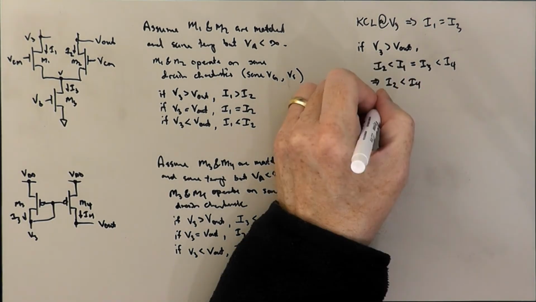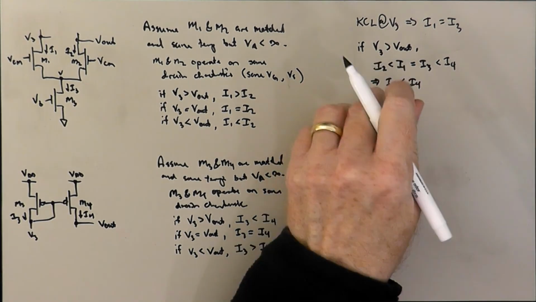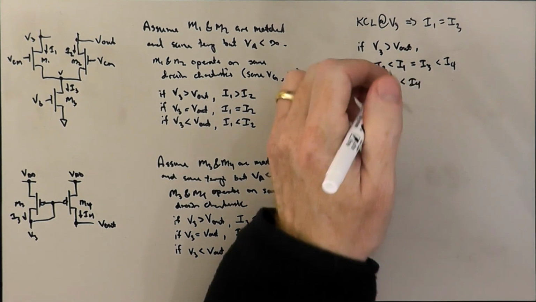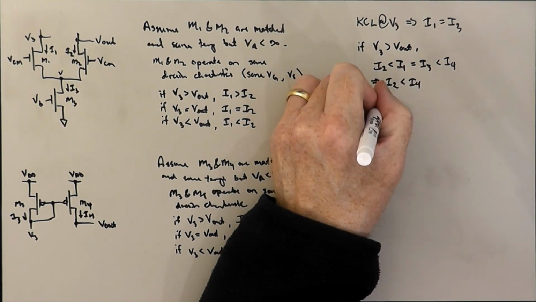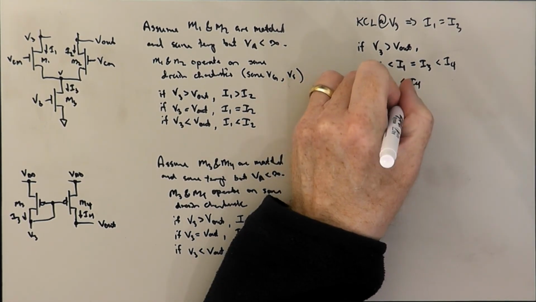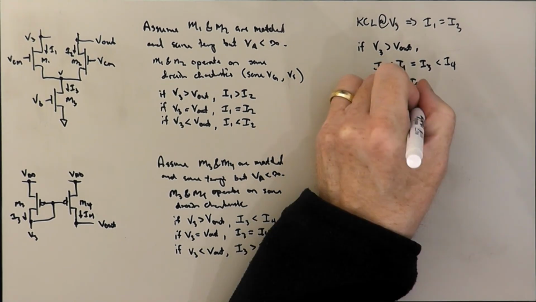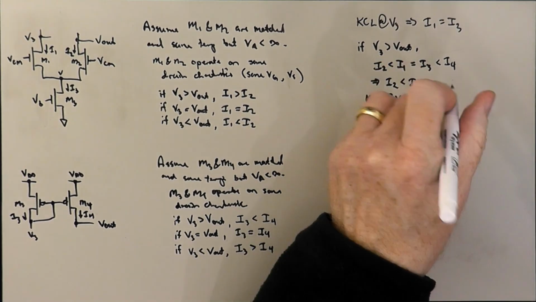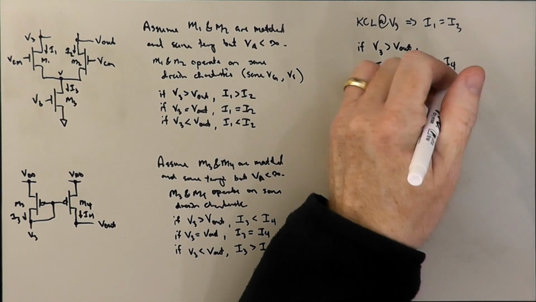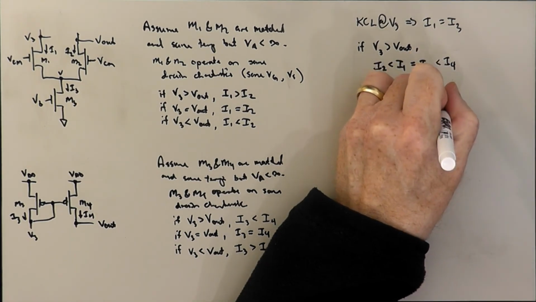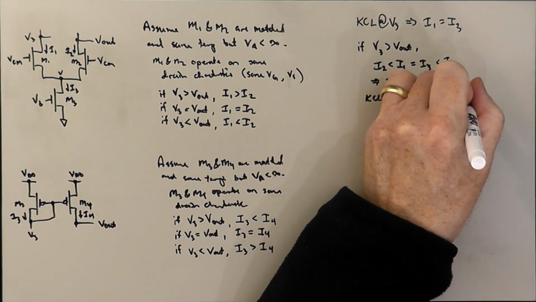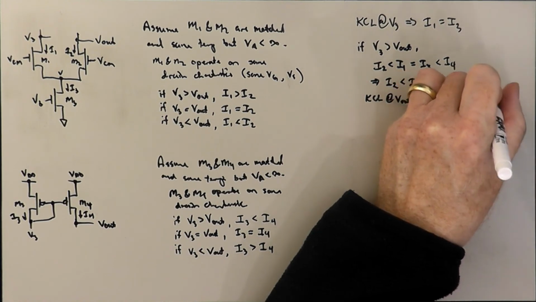But I out, so KCL, if you recall from last time at V out, implied that I out was equal to I4 minus I2.